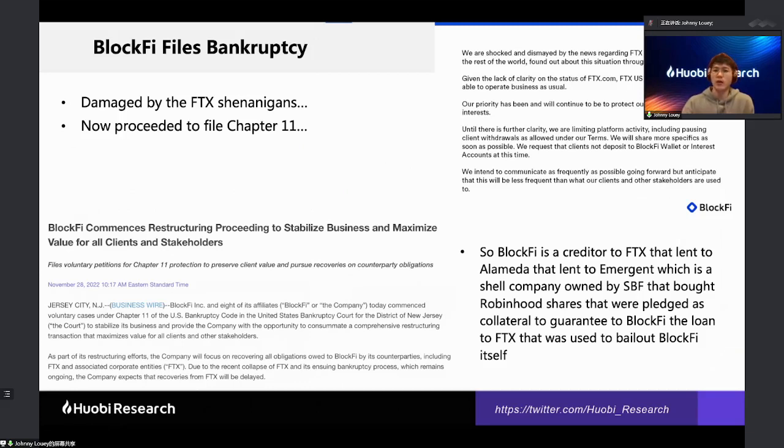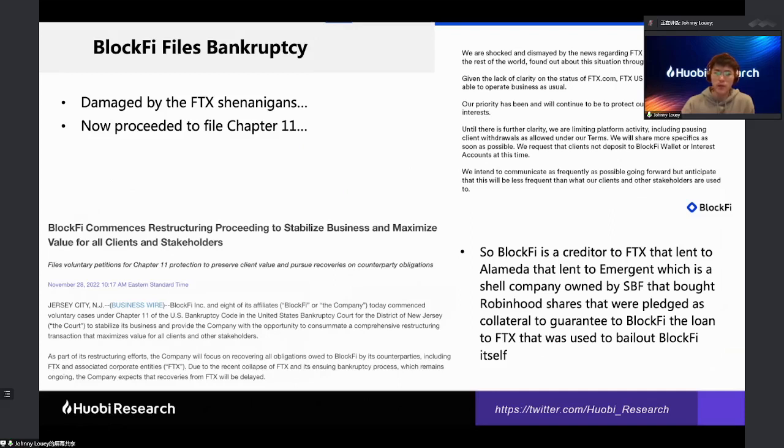A lot of retail users and institutions are also being damaged in this tragedy. BlockFi was damaged before, back in May, when Terra Luna collapsed and 3AC imploded. BlockFi took a severe hit at that time because they lent a lot of money to 3AC for leveraged trading.